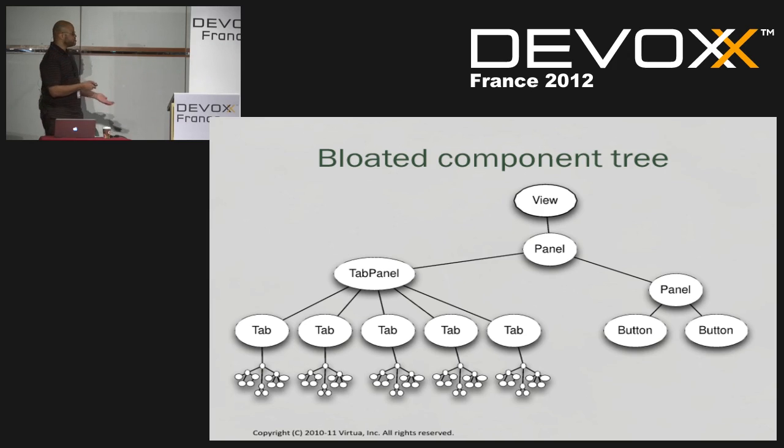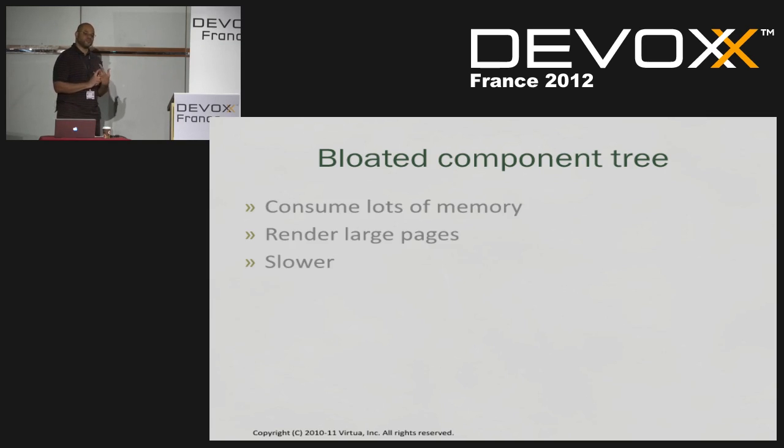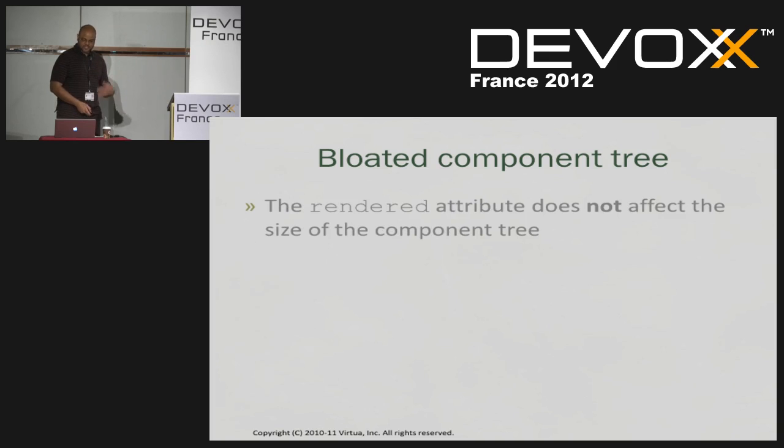So a user can only see one tab at the same time, so why does the user need to be sent every single other tab, right? And of course, what that means is that you have more network bandwidth being used and also slower rendering times in the browser, okay? So this can affect performance as well. Okay, and of course, this all means the page might be slower.